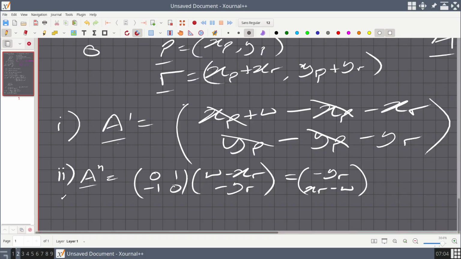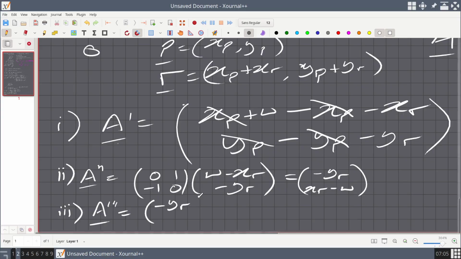And then we want to translate back. So part 3 is that A prime prime prime is equal to, everything gets shifted. So we have minus YR plus XP plus XR.